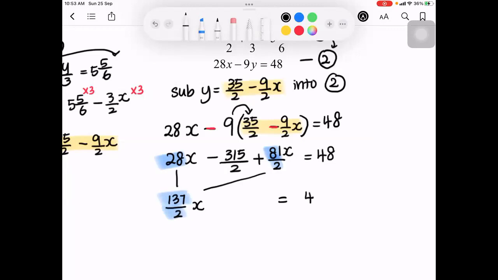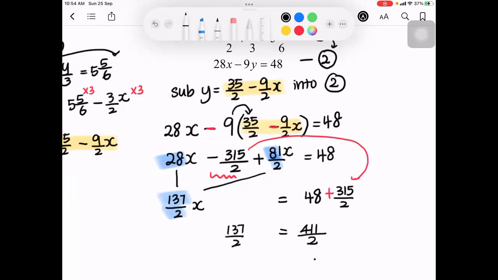So this one is originally 48. This number goes over there, becomes plus 315 over 2. We just use the calculator, 48 plus 315 over 2, okay, 411 over 2. Then this is 137 over 2x.